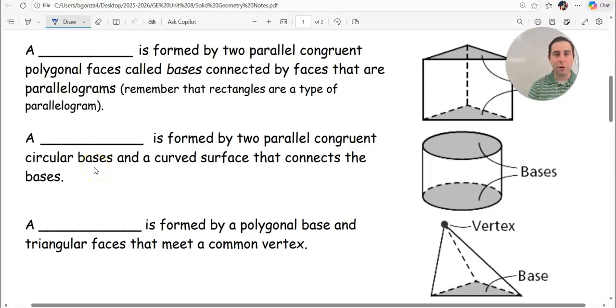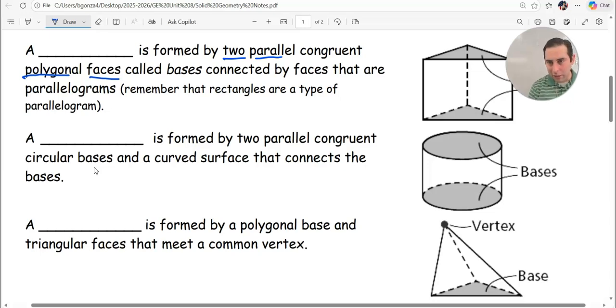This blank is formed by 2 parallel polygon faces. Can everyone underline those words? Write that down, or underline those: 2 parallel polygon faces.